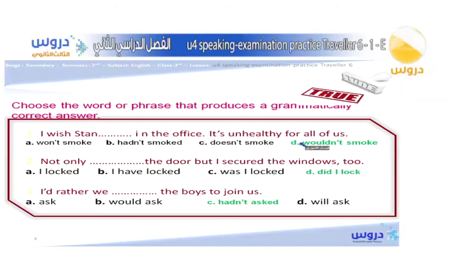So the first sentence and the second sentence, D, the right options. The third sentence: I'd rather we hadn't asked the boys to join us. So C is the right answer.